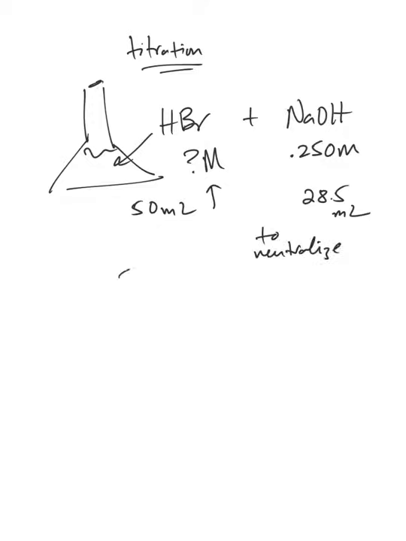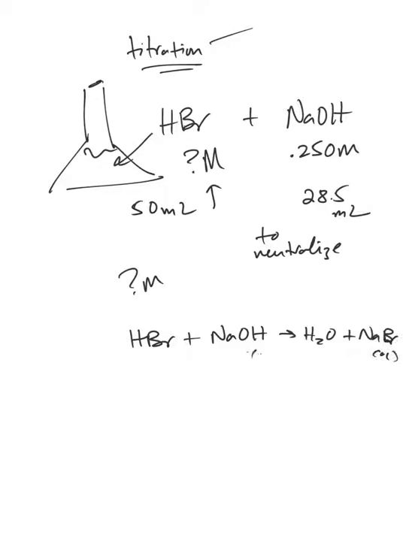Can you figure out what the molarity is of the acid? And for any titration problem, you need to know what your reaction is. And this is one that I actually kind of implied on the previous slide, that if I get this here, I have a soluble salt. This is a 1-to-1 ratio with moles.